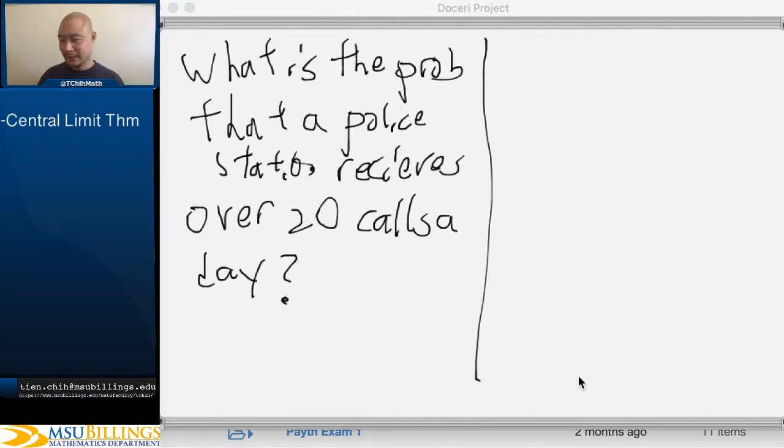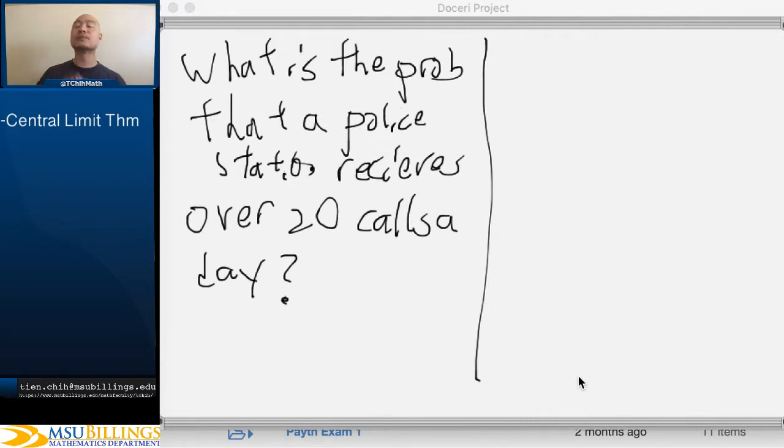Well, I have no idea, right? And based on this, you can go ahead and try to guess, but we have no information whatsoever, right? And more importantly, we don't even know what the probability distribution of this thing looks like, right?